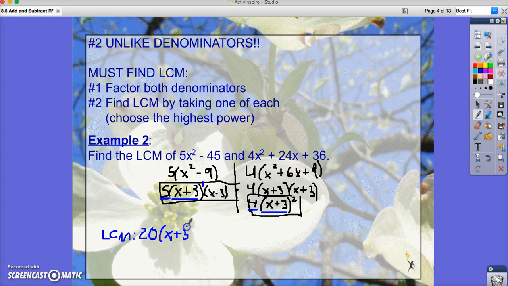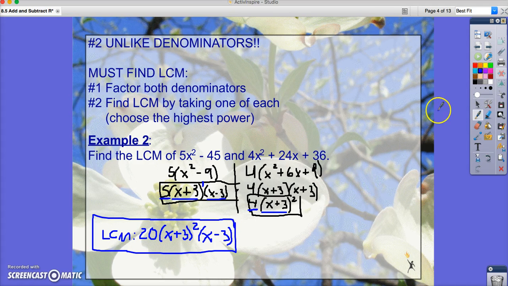All right, so here's my square. Now, I have one lone little piece left over. It's x minus 3. So that has to be included. The reason why I underline things is I think it makes it easier to see what's left over when I'm figuring out my LCM. So the least common multiple here is 20 times x plus 3 quantity squared times x minus 3.